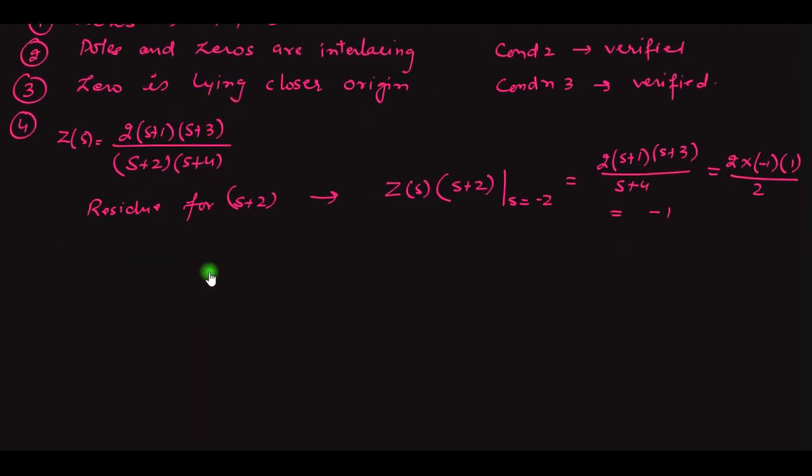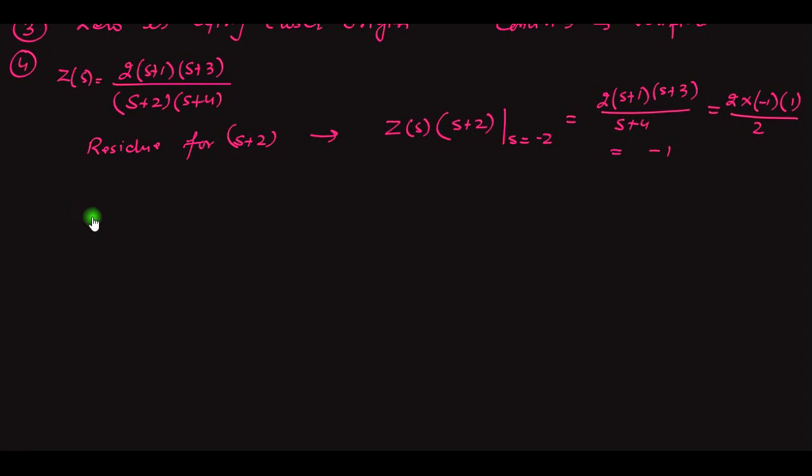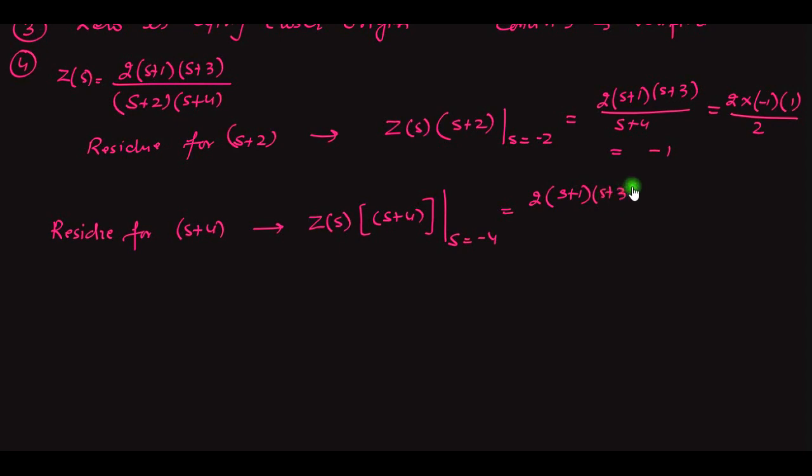Similarly, we will calculate the residue at s + 4. For this, I will multiply Z(s) with s + 4 and substitute s = -4. So it will come out to be 2(s + 1)(s + 3) divided by (s + 2).